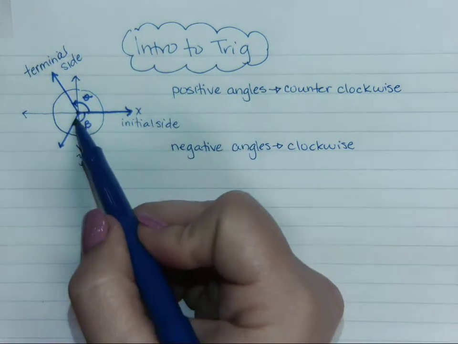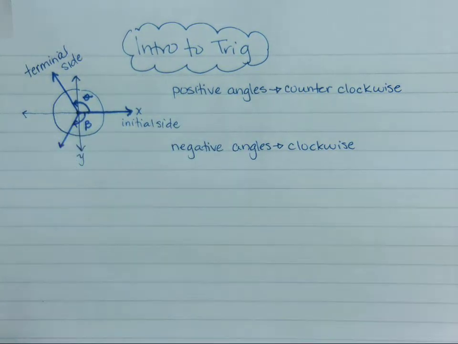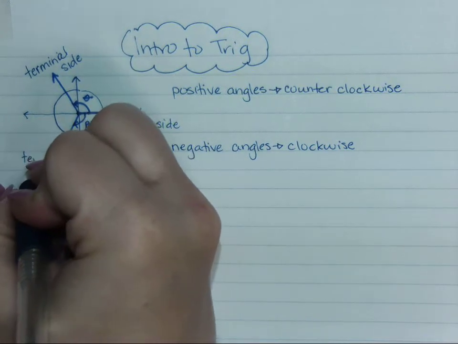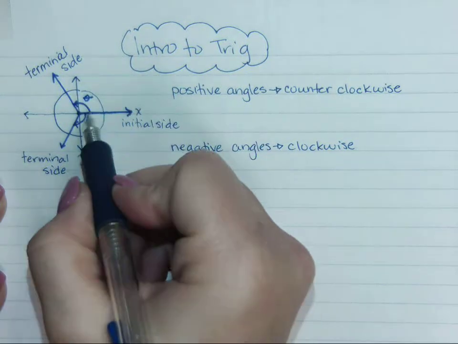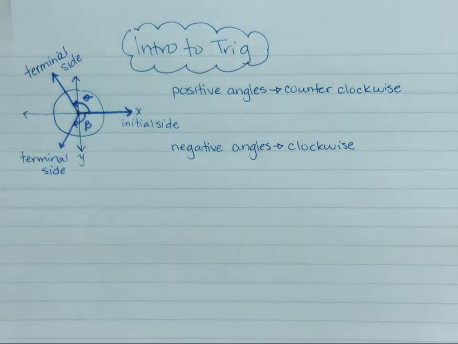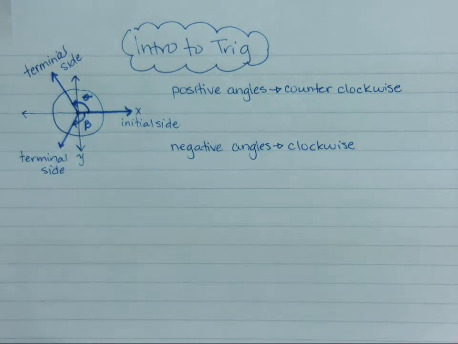This would be considered the terminal side of that particular angle. So again, this would be my terminal side. But angle theta is a positive angle because it moves counterclockwise, and beta would be considered a negative angle.